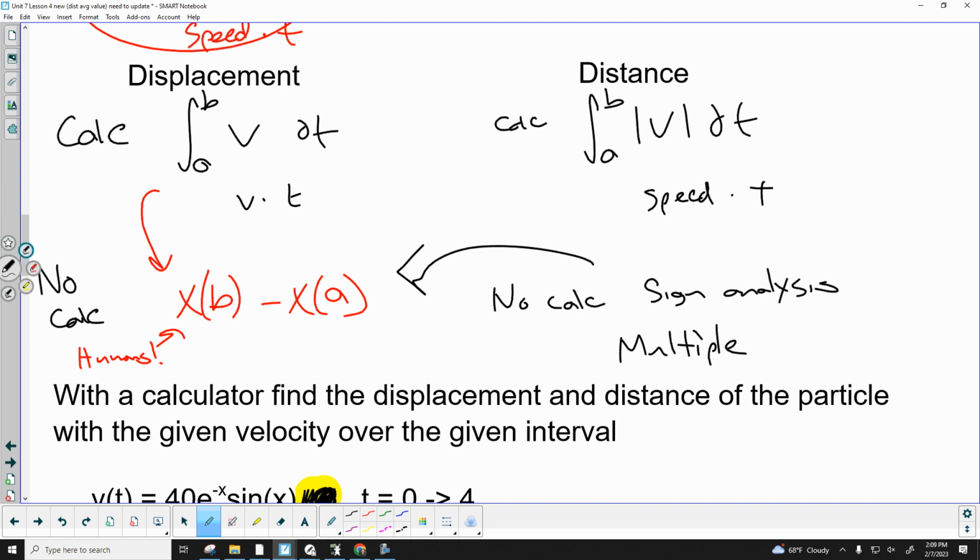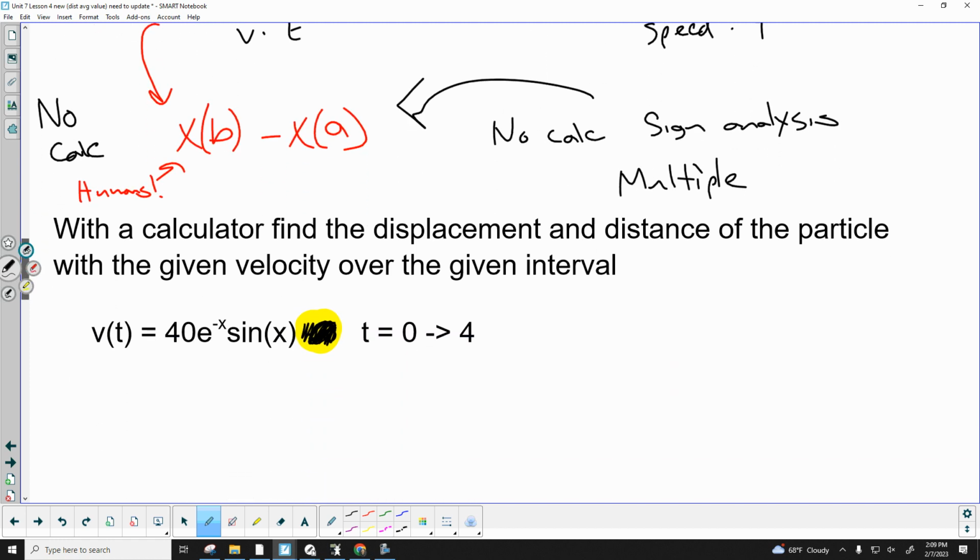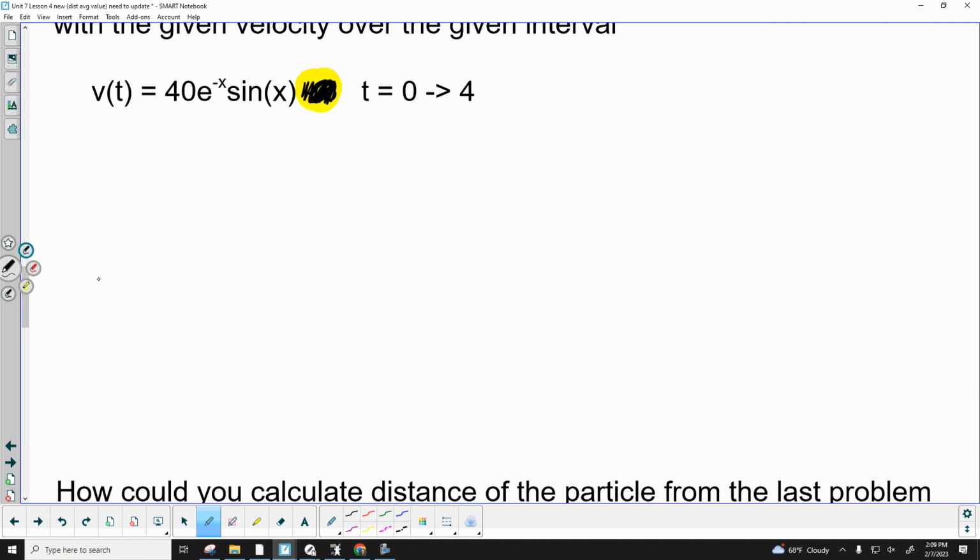Okay? But you're used to doing a sign analysis. You're used to finding the displacements, potentially either using position or using the area under velocity, which really is found the same way.